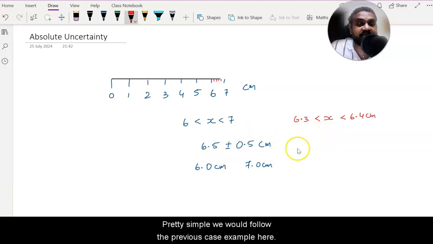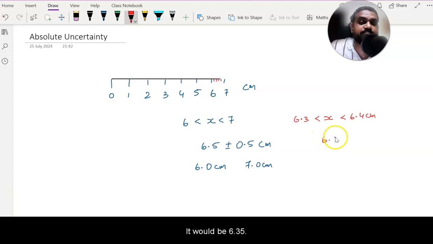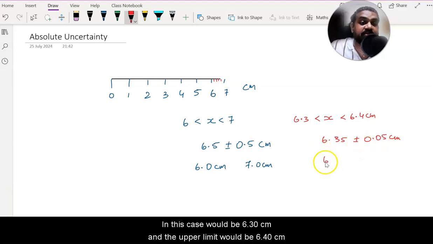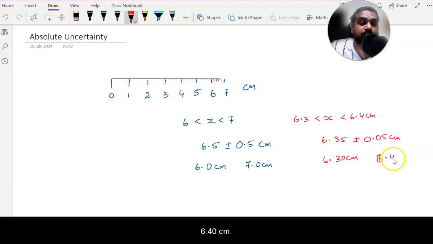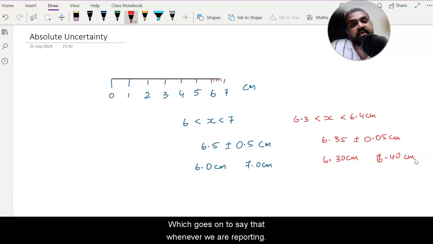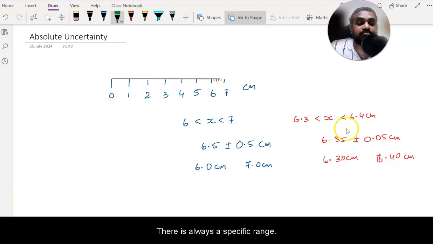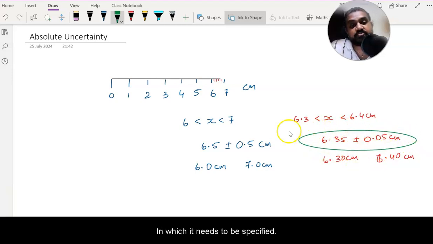We would follow the previous example. It would be 6.35 plus or minus 0.05 centimeters. Again, if you carefully observe, the lower limit in this case would be 6.30 centimeters and the upper limit would be 6.40 centimeters, which goes on to say that whenever we are reporting a measured value, there is always a specific range in which it needs to be specified.